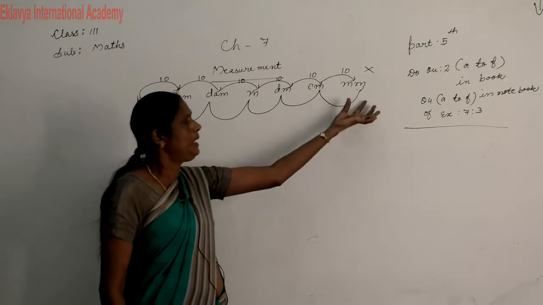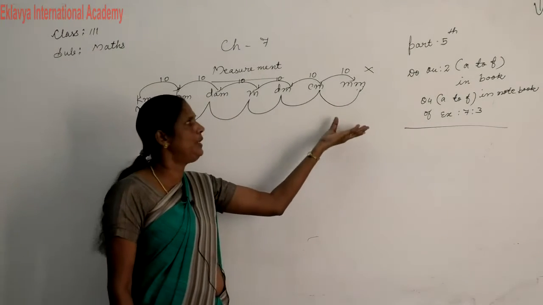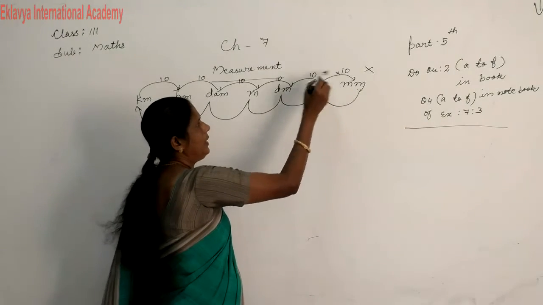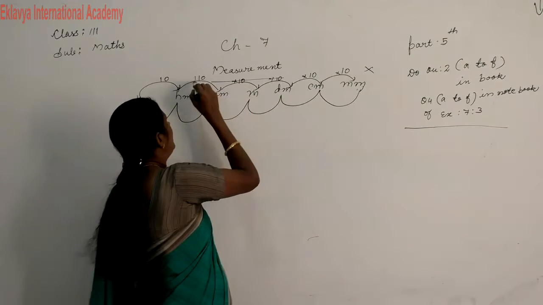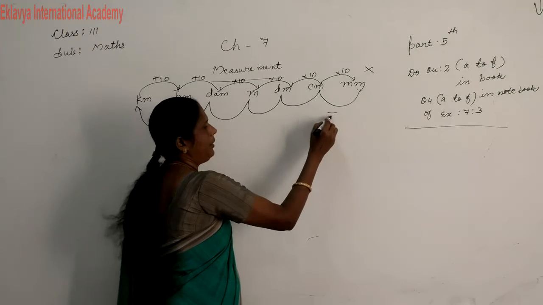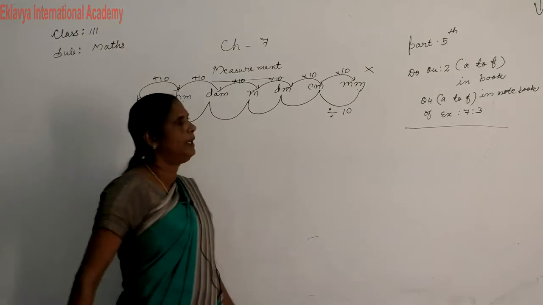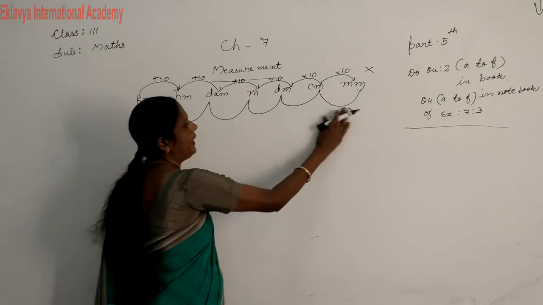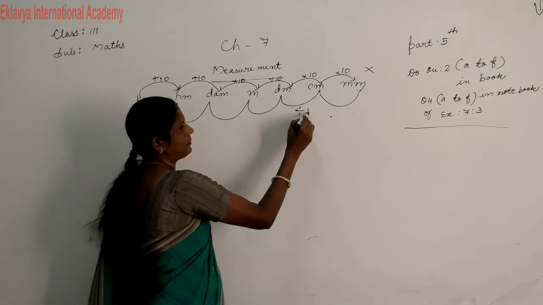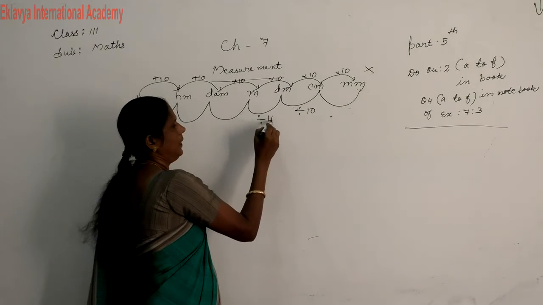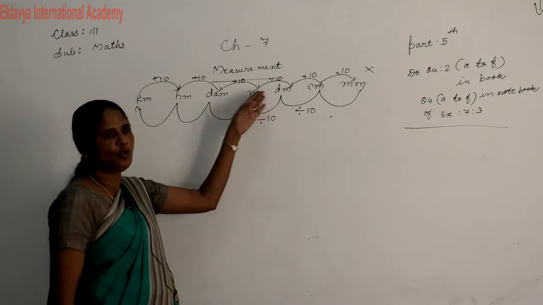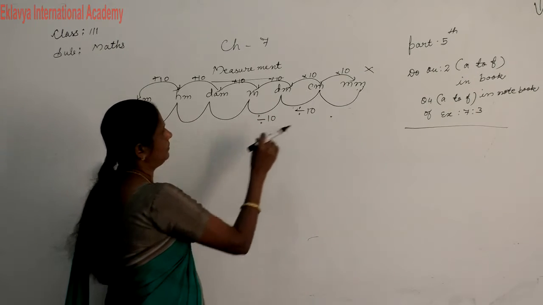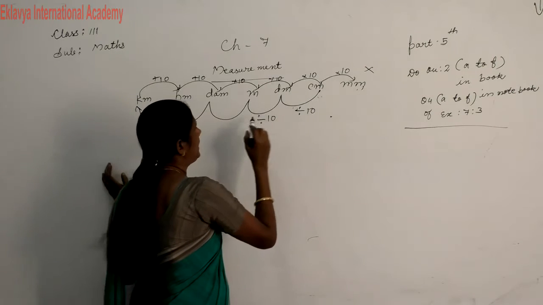Now, the smallest unit is millimeter. Millimeter to centimeter, we divide by 10. Centimeter to decimeter, again we divide by 10. Decimeter to meter, we divide by 10.